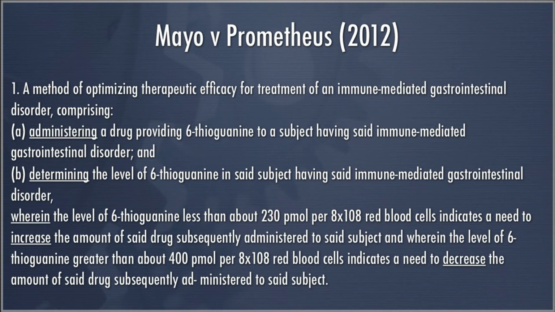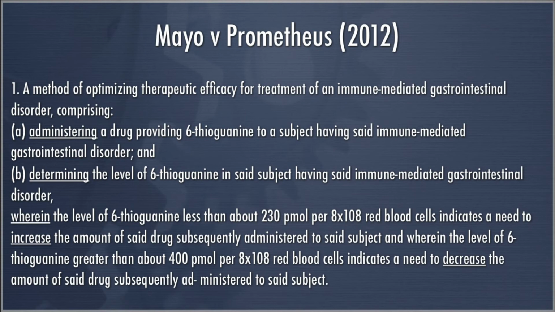And this had the following claim: a method of optimizing therapeutic efficacy for a treatment of an immune-mediated gastrointestinal disorder comprising administering, determining, and a wherein clause that deals with basically a relationship.